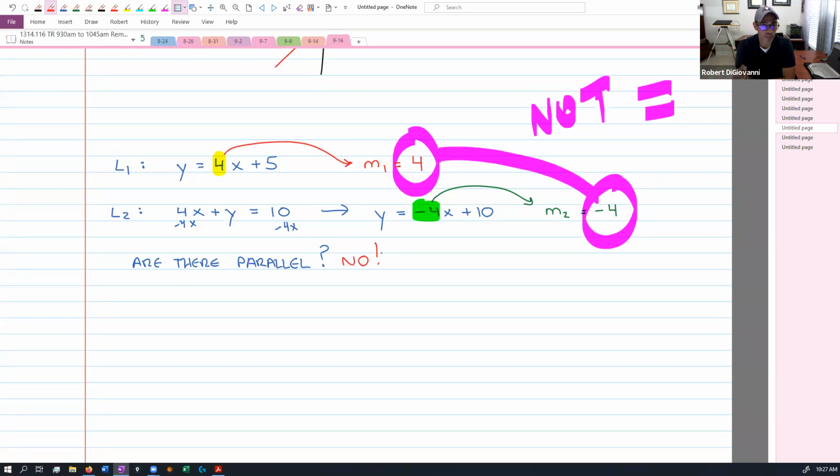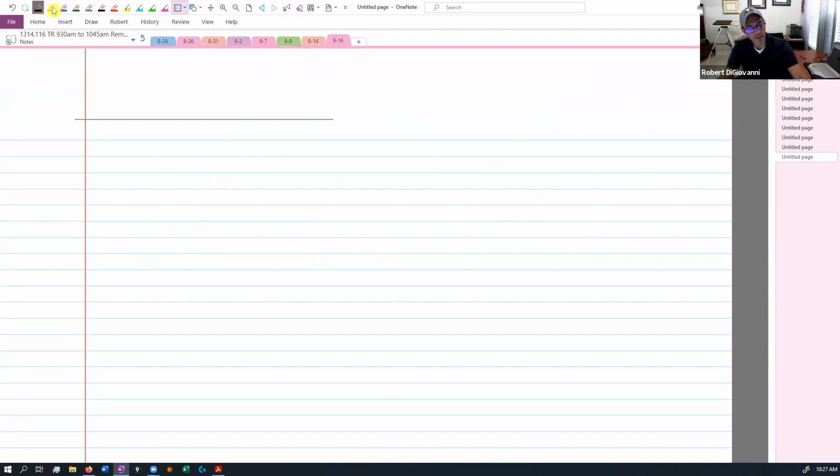Now, let's talk about perpendicular. So visually, and I'm not going to go off on a big tangent on this one. Well, let's talk about what they look like first.